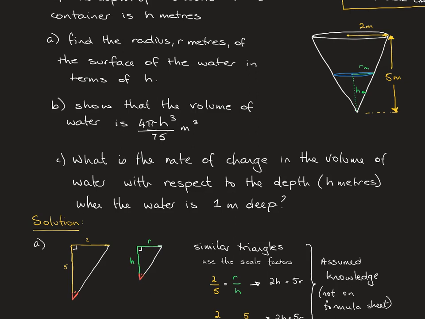Now the top of the cone is at 90 degrees to the line down the center, so that's a right angle there. And then the top of the water is at 90 degrees to the line directly down to the bottom of the cone.